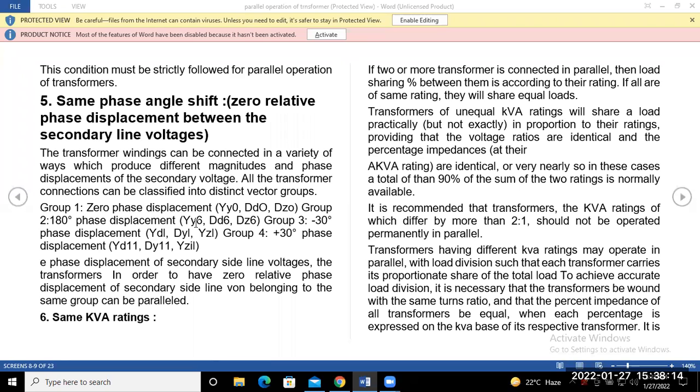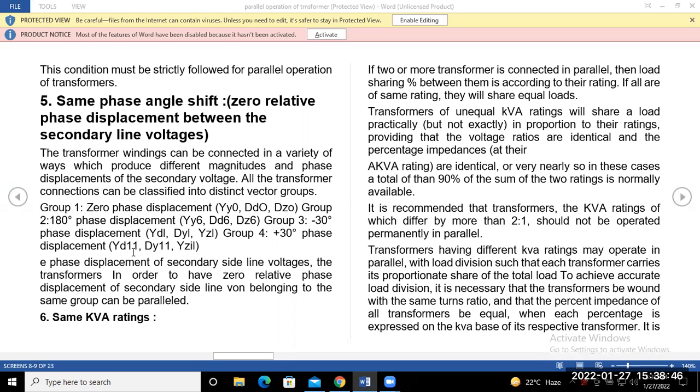That is represented by YY6. YY6 means the phase displacement is 180 degrees, and in group 3 there is a minus 30 degree phase displacement, where the hour and minute hands are displaced by minus 30 degrees. And this one is for plus 30 degrees, that means YD1.